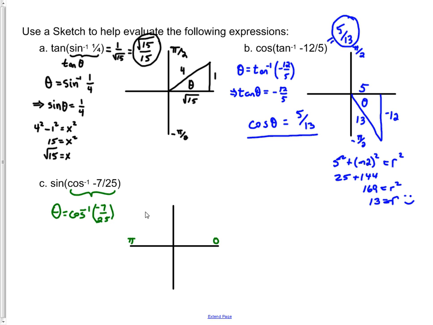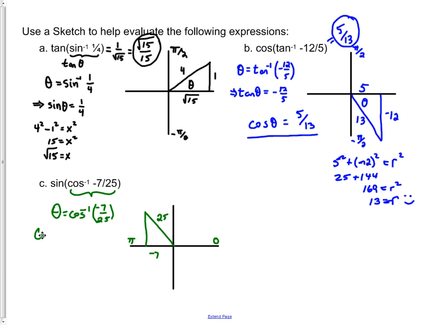And so we would draw our right triangle here in the second quadrant and indicate that the adjacent side is negative 7 and that the hypotenuse is 25. And our job, of course, is to find the missing side. In this case, that's going to be our y side right here.